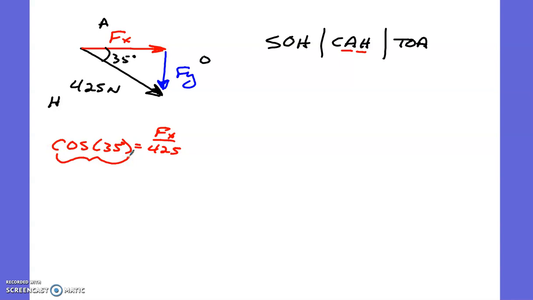I can either look that up on my trig table or type it in my calculator, and I get 0.819. I multiply each side by 425, and I get that my x component is 348 newtons.